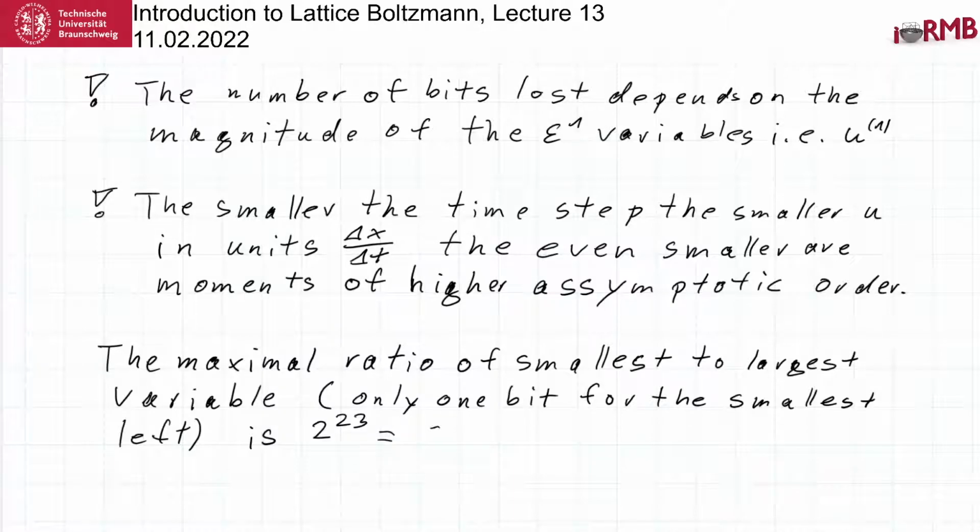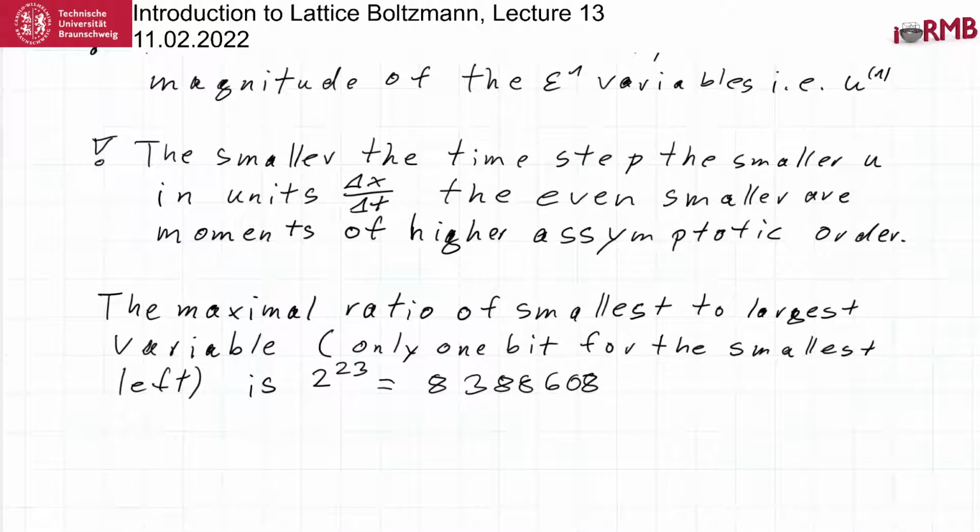And this number is 8 million, 8,388,608. So the smallest variable can only be 8,388,608 times smaller than the largest variable before it completely vanishes.